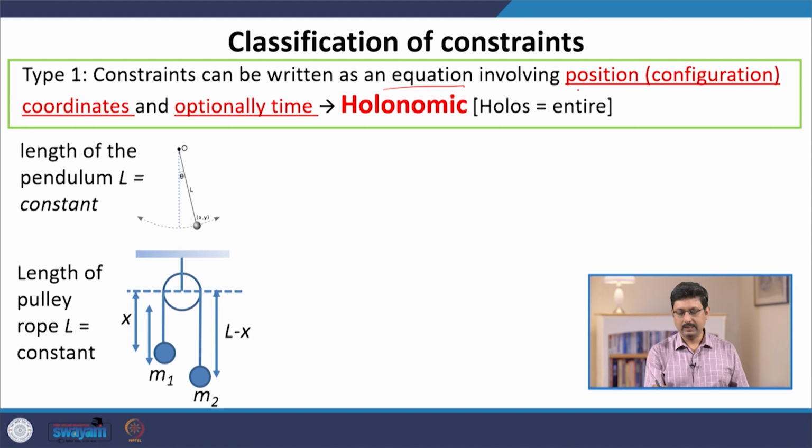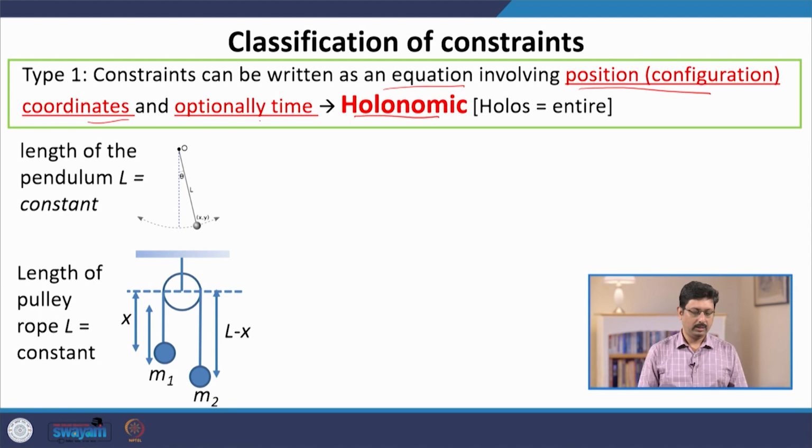An equation that involves the position, that is the configuration of your system, the coordinates that describe the position of different parts of your system, and time may or may not be present. This kind of constraint is known by the Greek word holonomic.